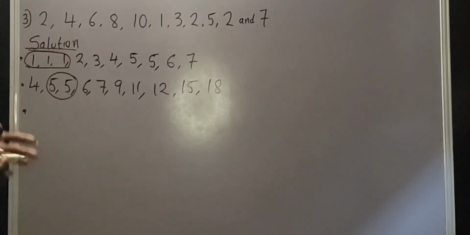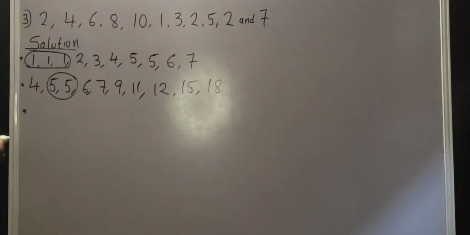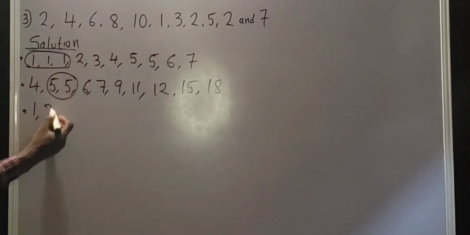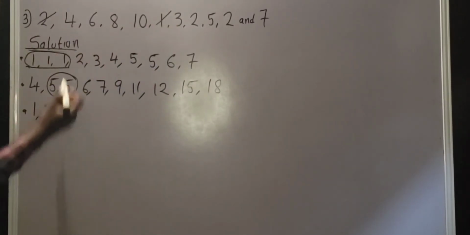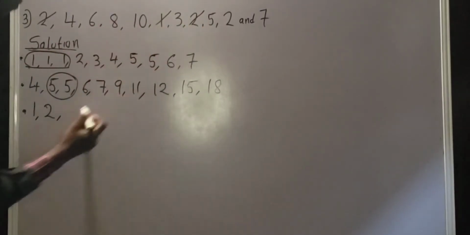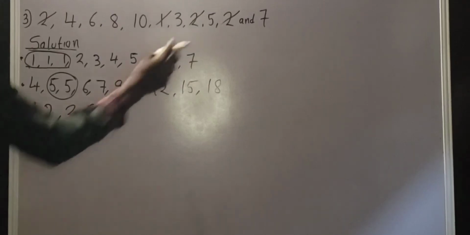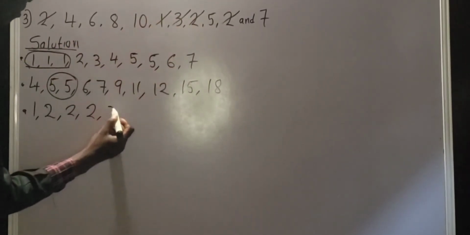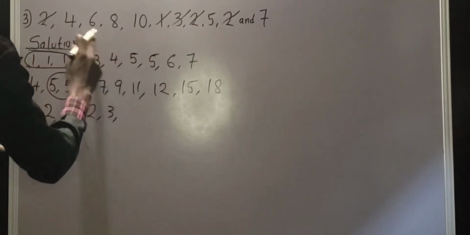Let us first arrange this data set in an ascending order. The least number among this data set is what? 1. So I'm going to have 1, followed by 2, 1, followed by 2, followed by 2, followed by 2. Okay. After that, do I have 3, followed by 3, 3, then 4.